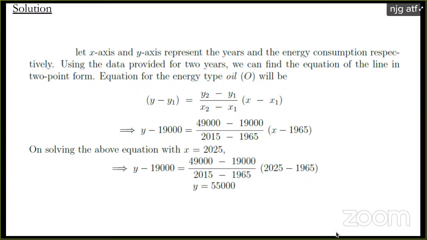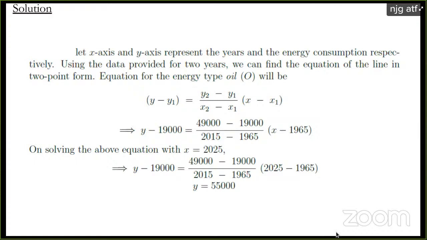So 2015 comma 49,000 is 1 point, and 1965 comma 19,000 is another point. Those will be our x1 comma y1 and x2 comma y2. The 2 point form is y minus y1 equals y2 minus y1 by x2 minus x1 times x minus x1.